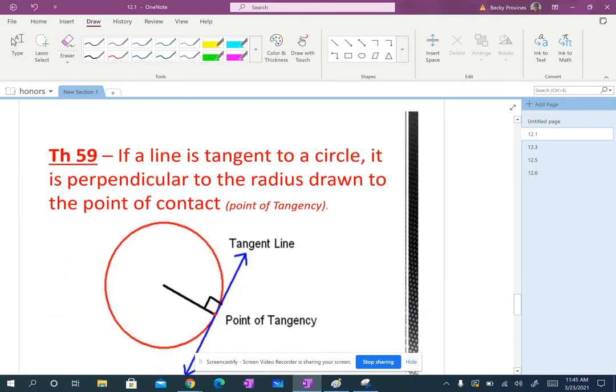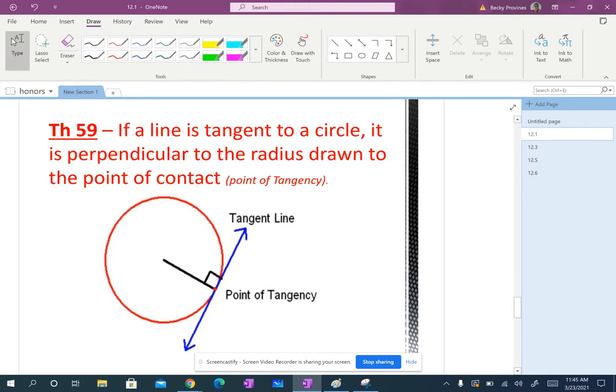Now, why do we care? We care because of Theorem 59. It says if a line is tangent to a circle, it is perpendicular to the radius drawn to the point of contact. Okay, now your book calls it point of contact. Every other book in the world calls it point of tangency.